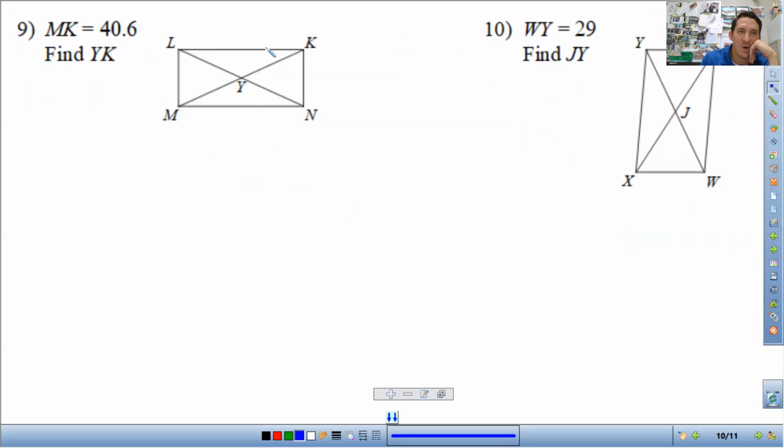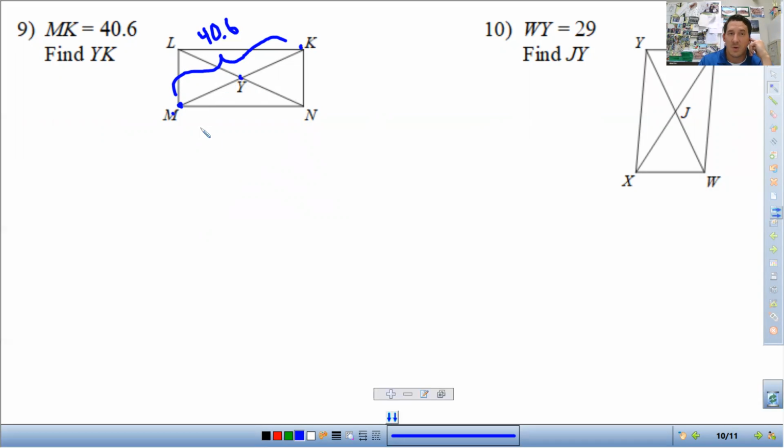Let's look at this here. Let's mark off what we have. M all the way to K is 40.6.